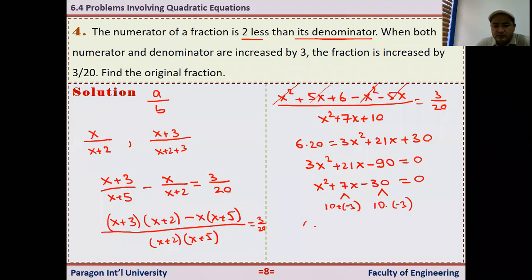It works. So I can factorize it as x minus 3 and x plus 10 is equal to 0. Right. So from here, x equals 3 or x equals negative 10.